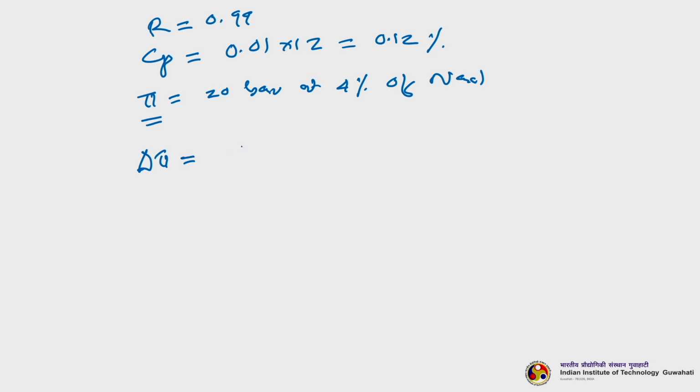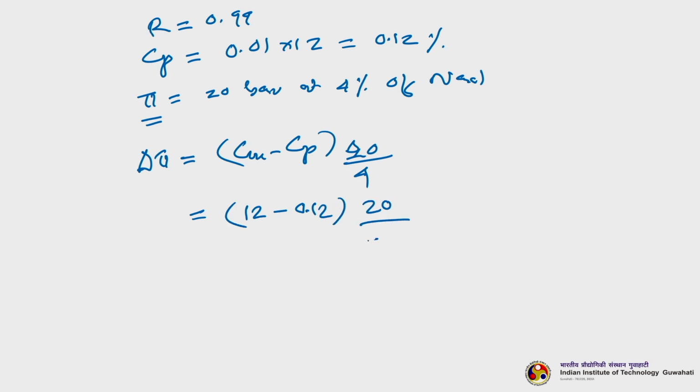Delta pi equals Cm minus Cp into 20 divided by 4, which is 12 minus 0.12 into 20 divided by 4, so your delta pi becomes 59.4 bar.